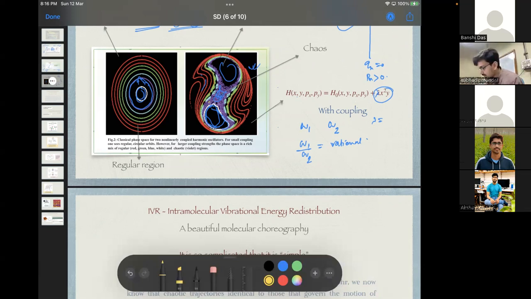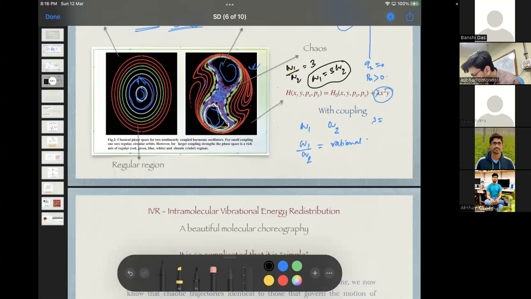This is just for two cases. This resonance case is also responsible for the energy transfer because, let's say, omega 1 divided by omega 2 is 3. That means omega 1 equals 3 omega 2. So this is a particular resonance condition, meaning one oscillator has 3 times the second oscillator's frequency, in the harmonic case.